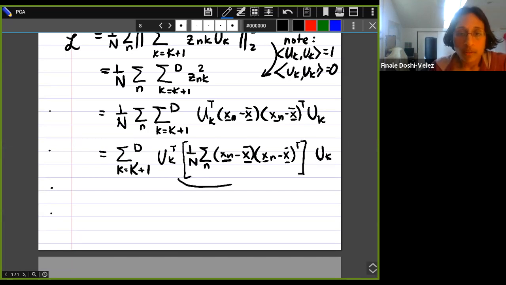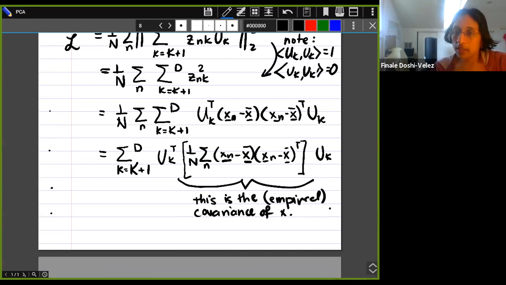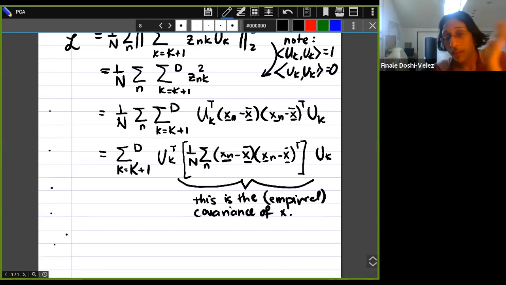And what I'm going to note is that this is the empirical covariance of X. So this is pretty cool because we're getting at how this solution, which we started out by just saying, use our orthonormal basis, let's center around x bar, is getting us toward a solution that somehow depends on the covariance of X. That's going to be pretty cool.